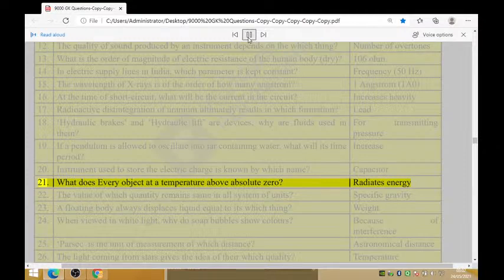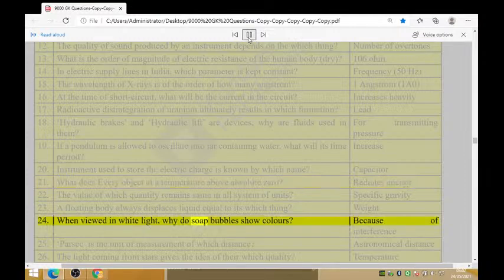The value of which quantity remains same in all systems of units? Specific gravity. 23. A floating body always displaces liquid equal to its which thing? Weight.